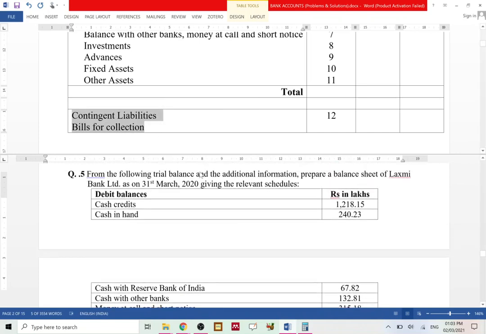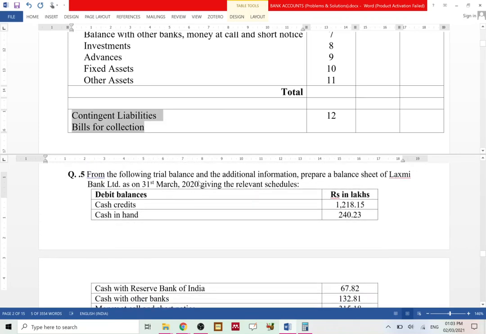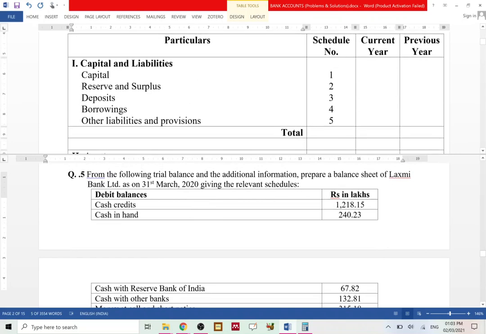For now, we will move on to this problem that we are doing and accordingly classify all of these debit and credit balances that were given under each one of these schedules. So, I am keeping the pro forma here for you all so that you may look at it and tell me where each one of these items belong.